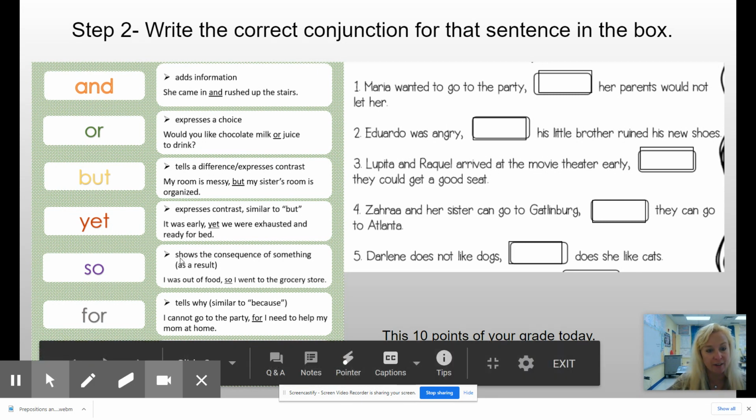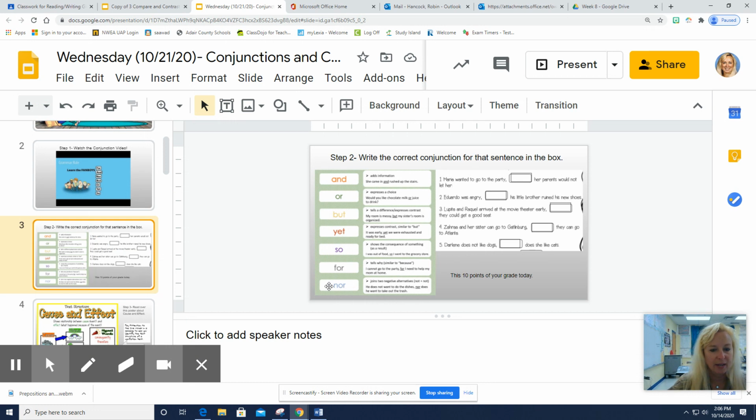Let me rephrase that. You need to study for your test so that you get a good grade. It shows a consequence. For tells why, similar to because. And then the last one is nor, which joins two negative alternatives.